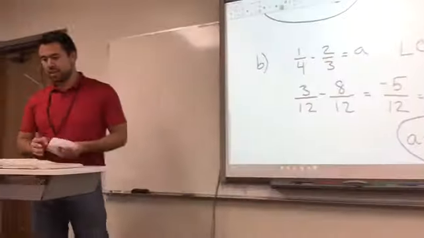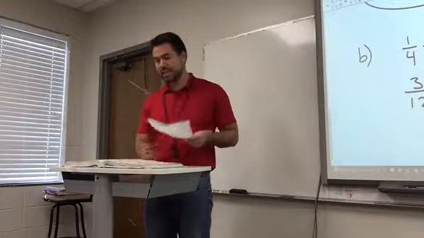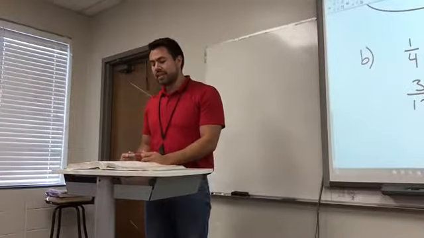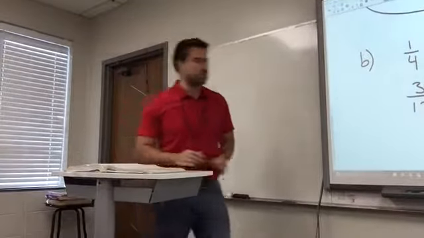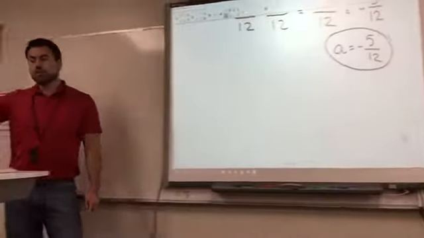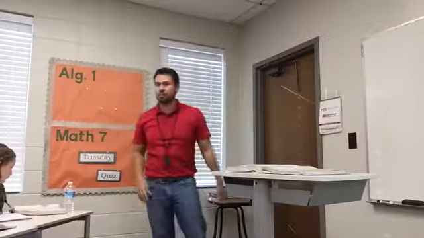I'll have you practice a couple here to make sure you're getting it. So on page 246, try out number 6 on that one. Number 6 on page 246. And what I want you to do is when you are done, check your answer with your neighbor, the person at your table, and see if you're right.